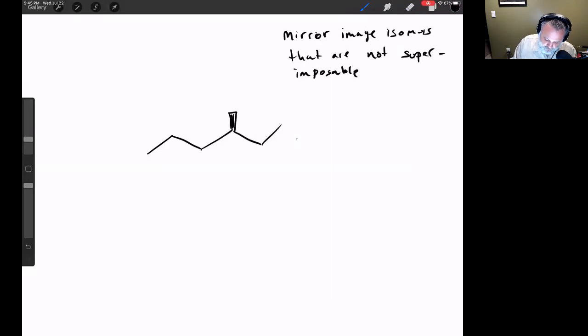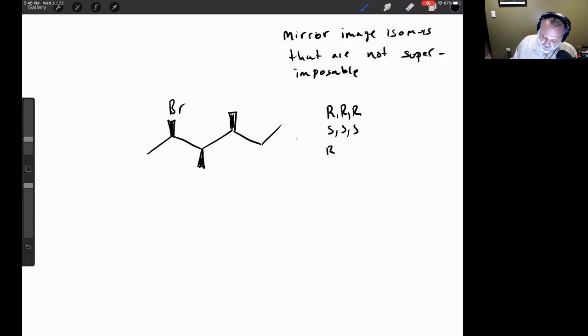1, 2, 3. I don't actually know what the specifications of this particular molecule are at the moment, but let's just say there are going to be different possibilities. It could be RRR, SSS. Now, of course, we would have to change the configurations to whatever they might be.